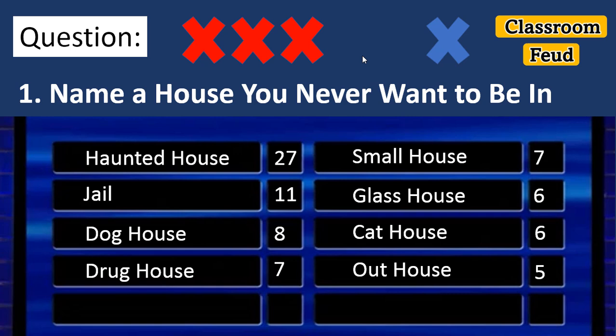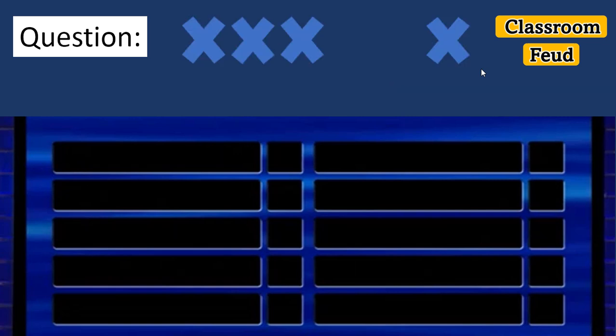And if they get it correct, they will get all the points in this round. And if not, and they also got a strike, the active team or the first team will receive all the points. Okay? So this is for round 1, or the first round.